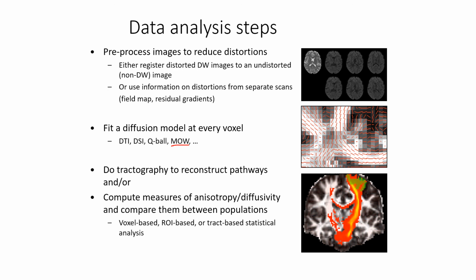You can do tractography, reconstruct pathways, and compute different measures of anisotropy or these diffusion metrics and use that for the research. So really, first steps, and this is all done mostly automatically by software, is correcting these distortions before we do any of the calculations of metrics that we'll use.